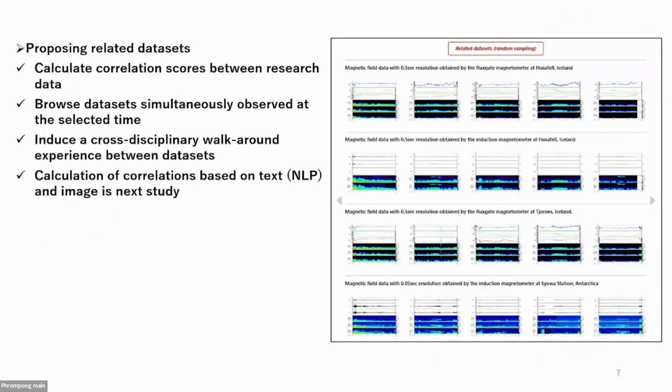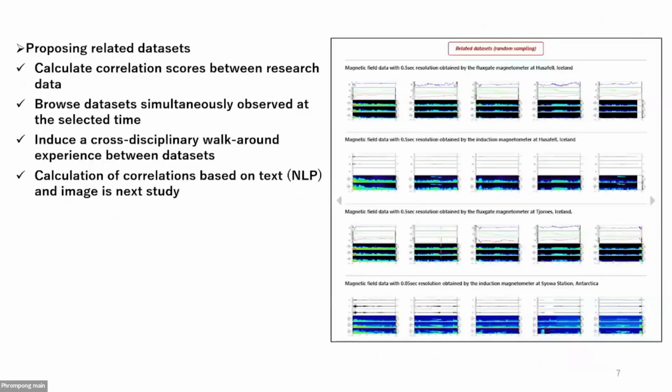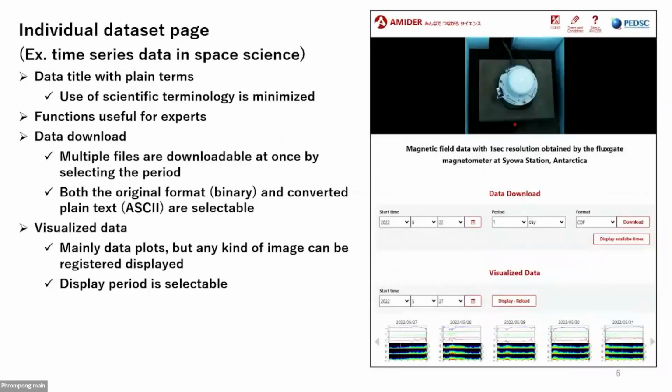And below this, there is a somewhat unique function proposing related datasets to each dataset. We calculate correlation scores with such data. Here is downloadable data.